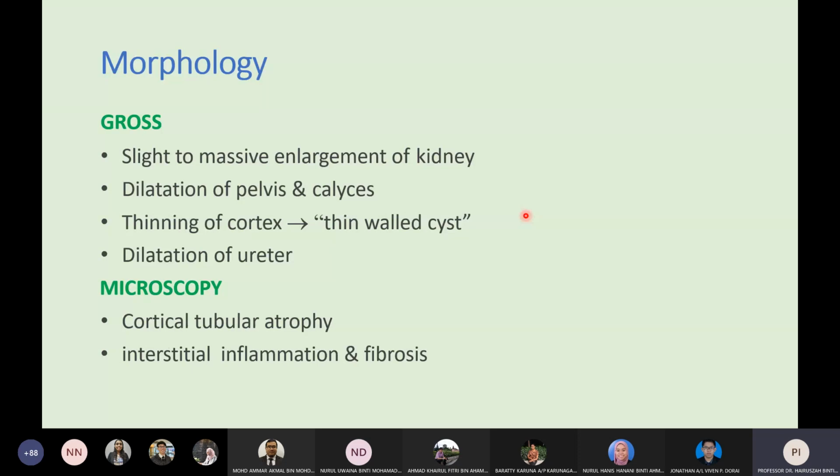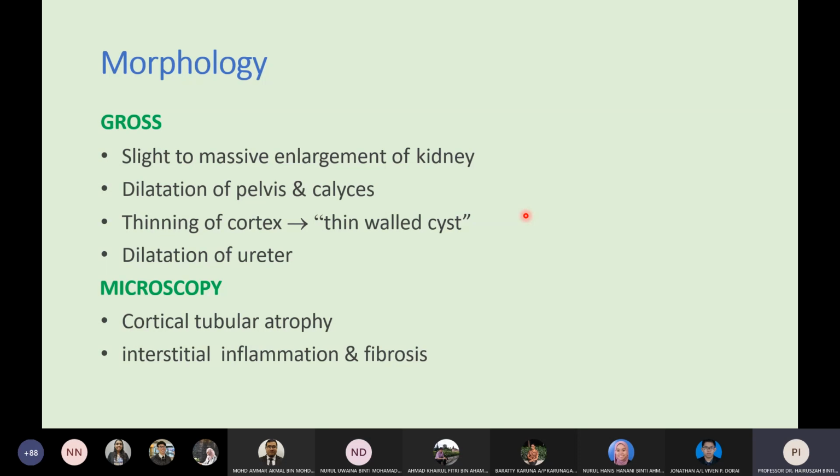Right. Okay. Morphologically, when you have a patient with this disorder, and for some reason the surgeon has to remove the kidney, what you see is that the kidneys are enlarged, either very slightly or massively, depending on the severity and duration of the insult.